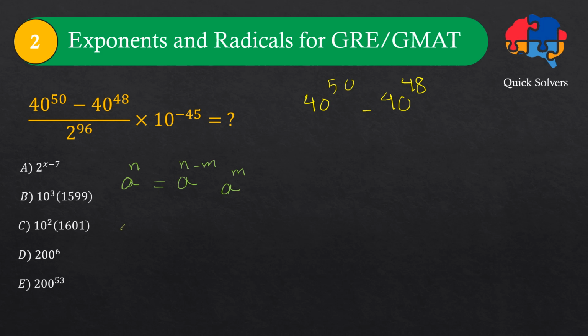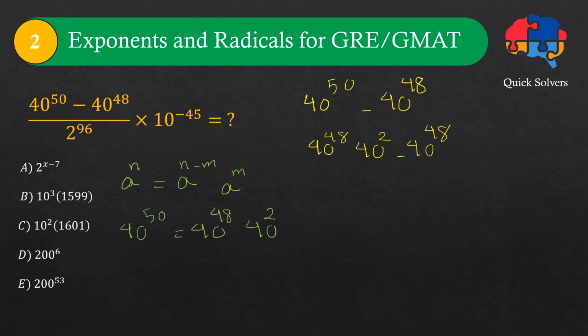That means I can write 40 to the power of 50 as 40 to the power of 48, or 50 minus 2, times 40 to the power of 2. So I can rewrite this as 40 to the power of 48 times 40 to the power of 2 minus 40 to the power of 48.